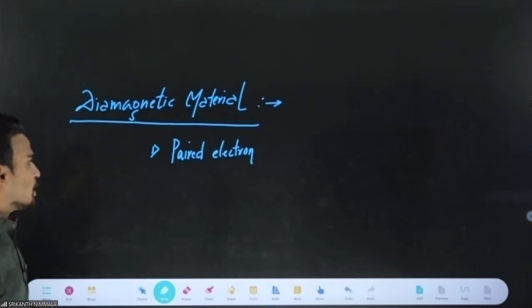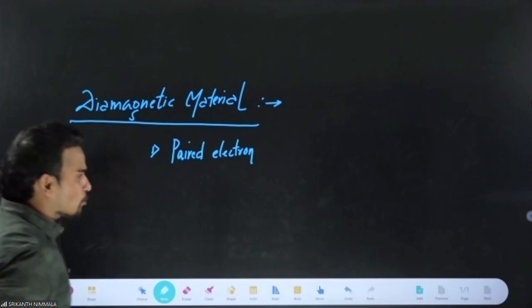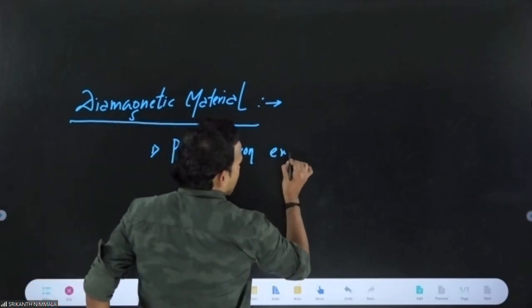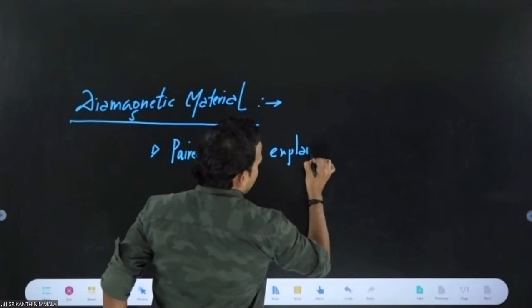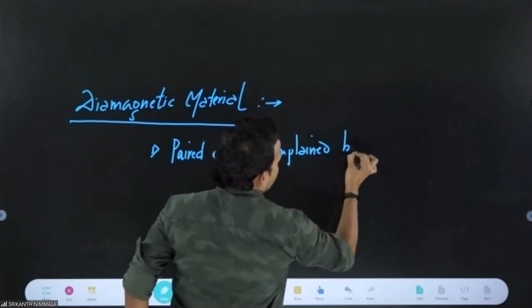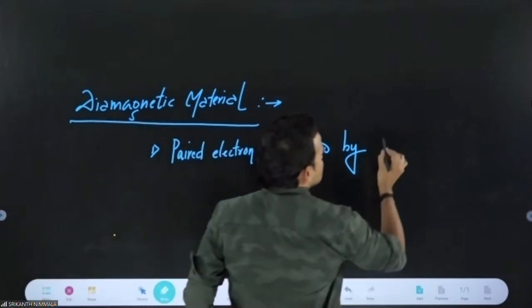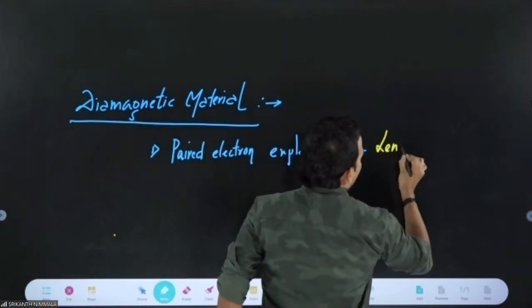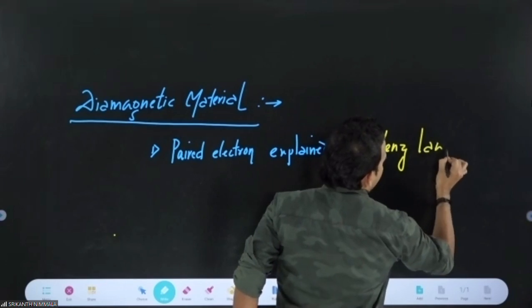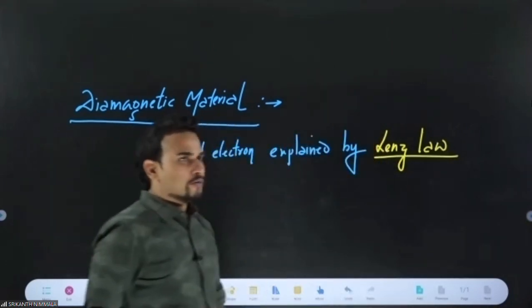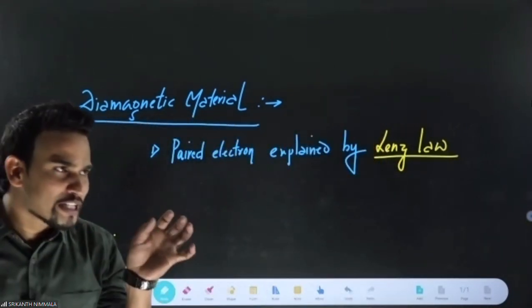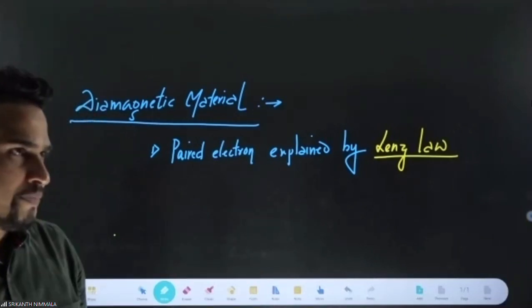It is property of paired electron explained by, this is a very important part, explained by Lenz law. I think you have studied about Lenz law. Actually, Lenz law is used to explain this diamagnetism.